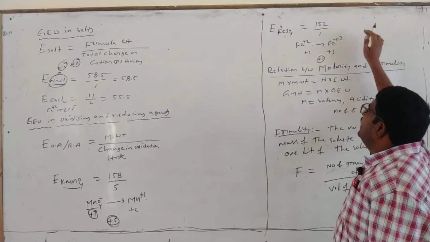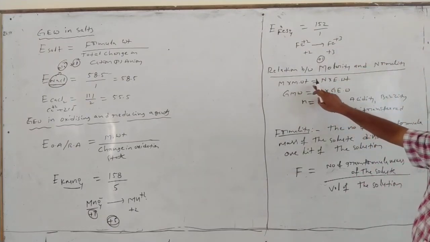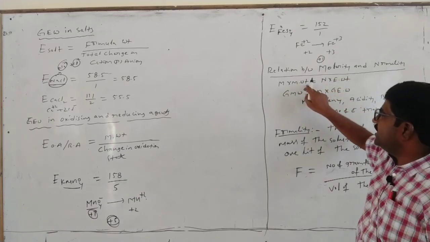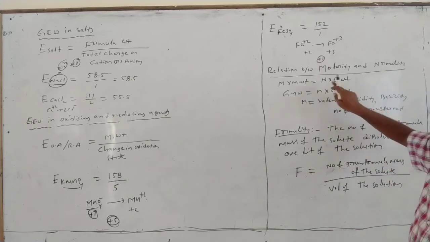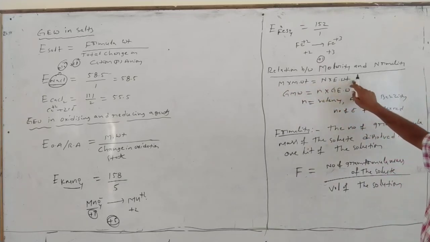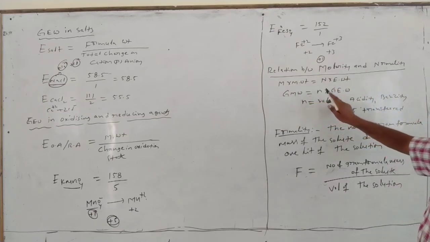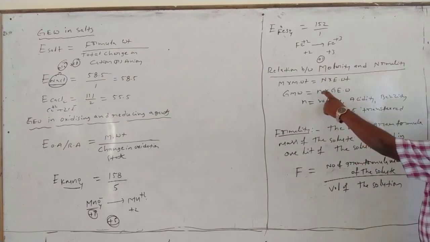Next one, the relation between molarity and normality. Molarity goes with molecular weight, normality with equivalent weight. I already told you that molecular weight is used in molarity, whereas equivalent weight is used in normality. Gram molecular weight is equal to n times gram equivalent weight. Here n is the n factor.